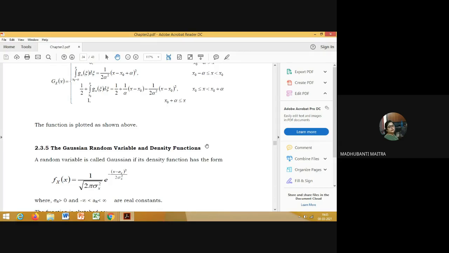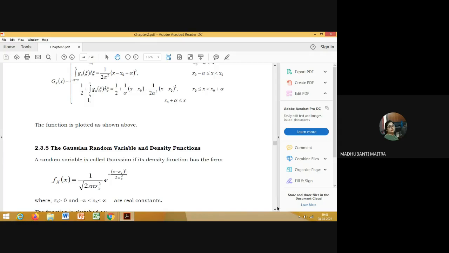Under discrete distributions, we'll study Bernoulli's trial, then binomial and Poisson. Under continuous distribution, we'll study exponential, gamma, chi-square, Erlang, uniform, that is also very important, etc. These will be discussed in detail in the next chapter. Just for an example, we'll discuss the Gaussian distribution function in this particular chapter.